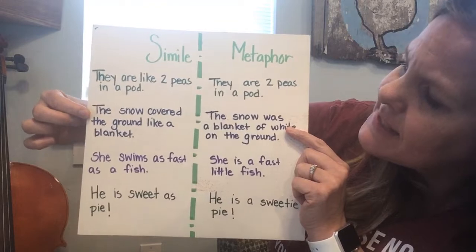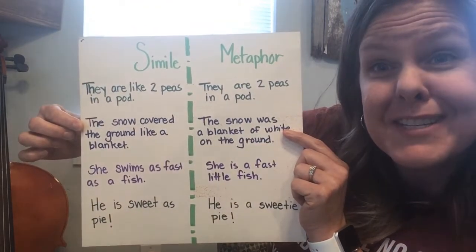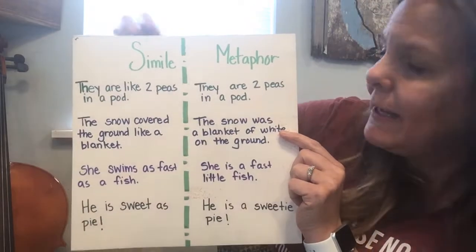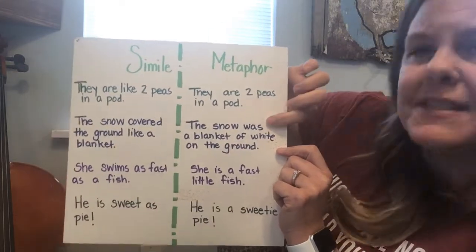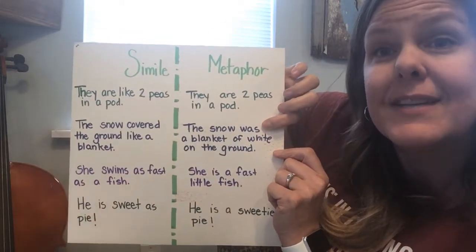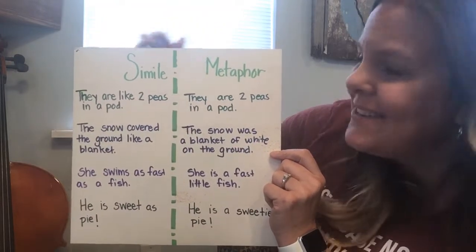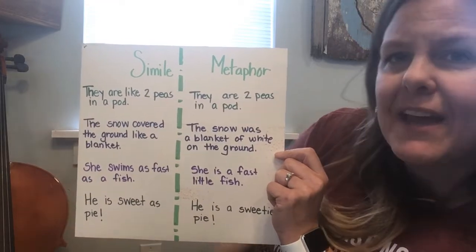This one, the snow covered the ground like a blanket. Did you hear that signal word? That word was like, and that means it is a simile. The snow was a blanket of white on the ground. That signal word right there tells us it is a metaphor.